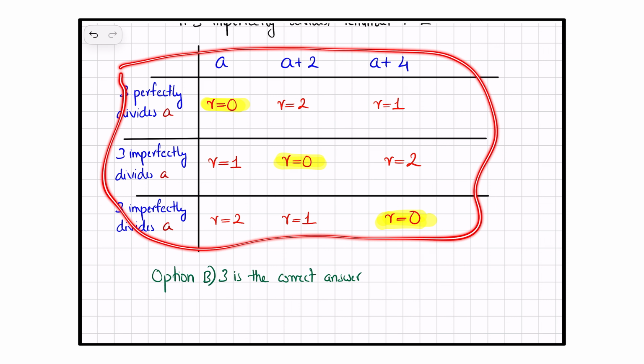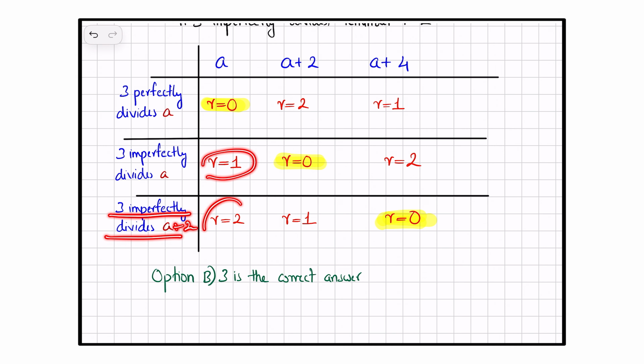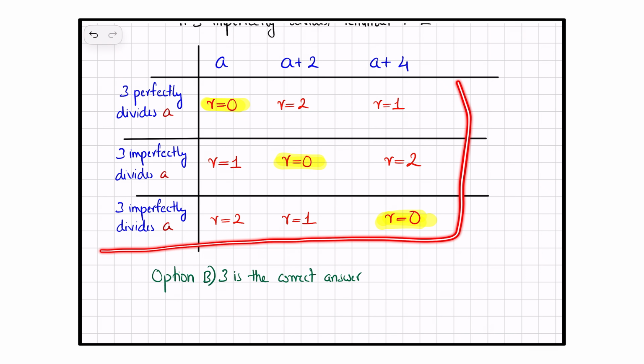Instead of a, you try a plus 2, and then instead of a, you try a plus 4. That is, 3 perfectly divides a plus 2, then you try 3 imperfectly divides a plus 2. Check both the cases of remainders. You will eventually get the same possibilities.